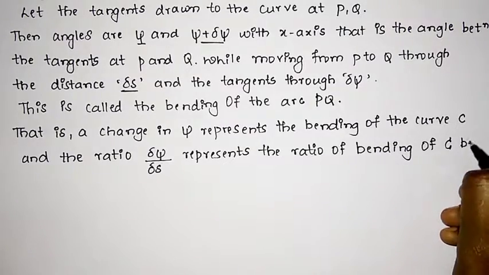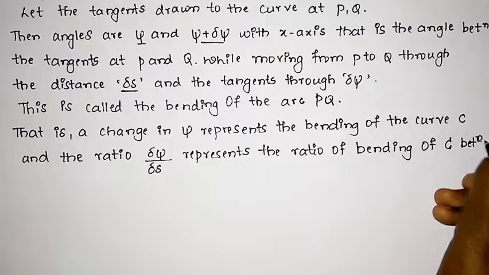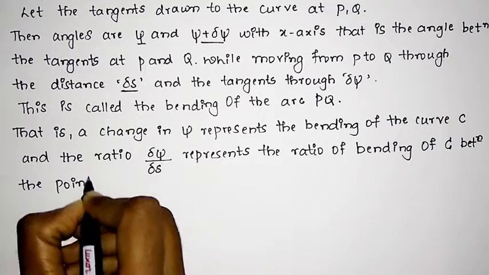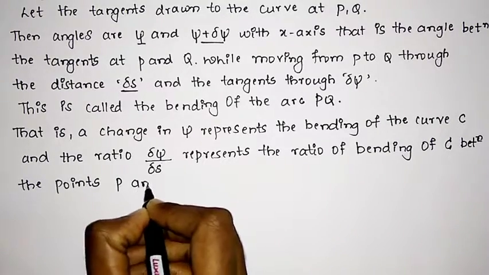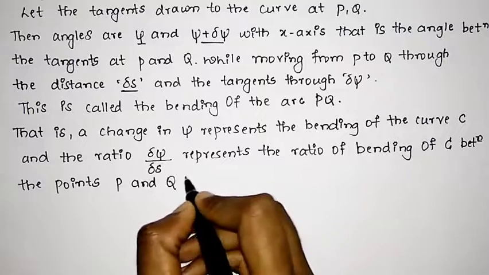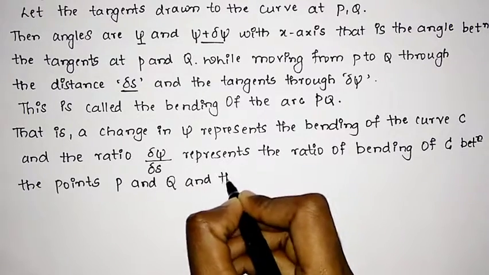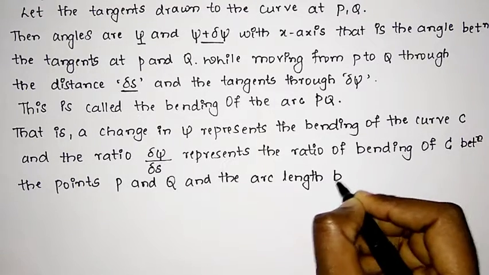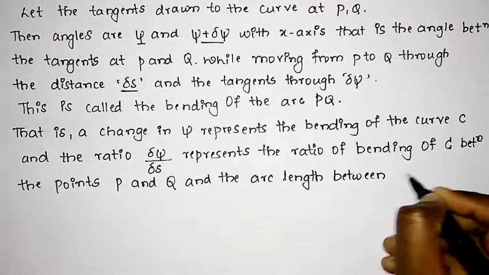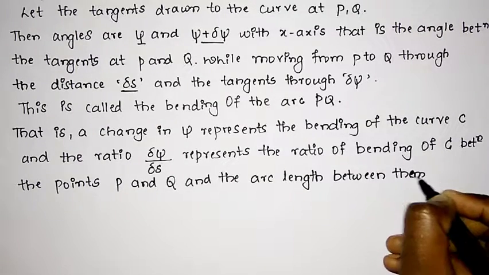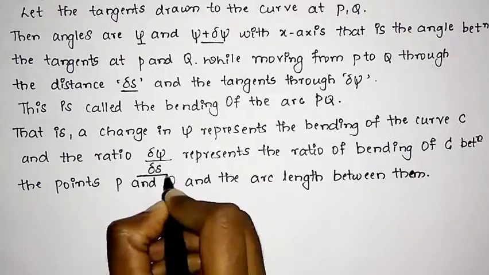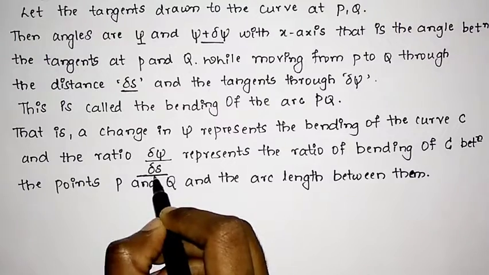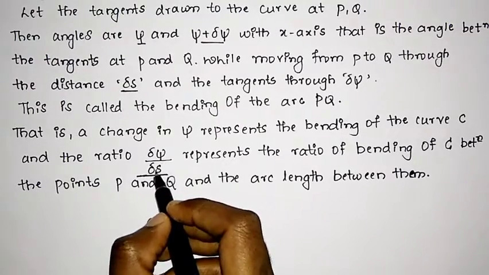So the bending of the curve between the points P and Q, and the arc length between them. This ratio represents the bending of the curve C. So the bending of the curve C is given by the ratio delta phi divided by delta S.